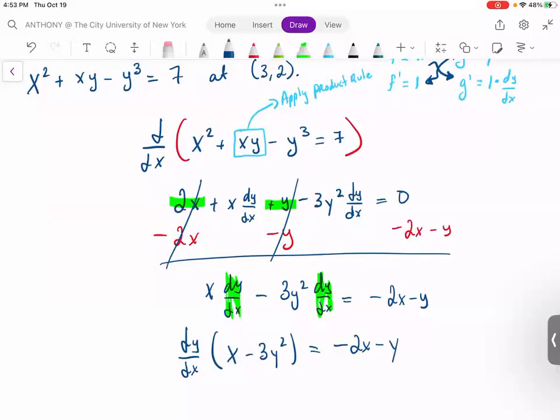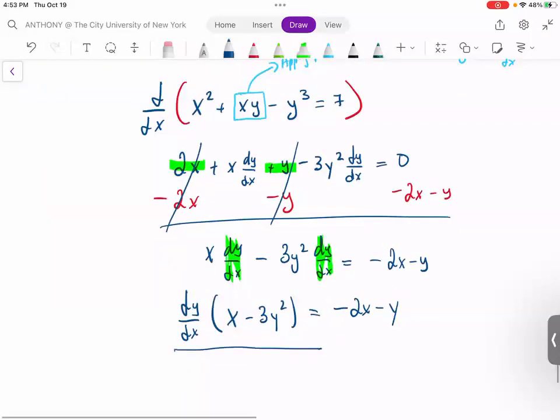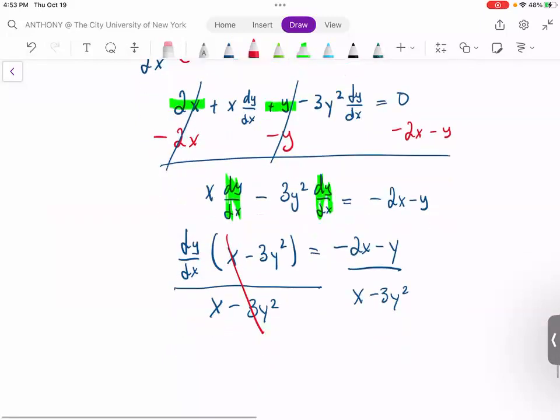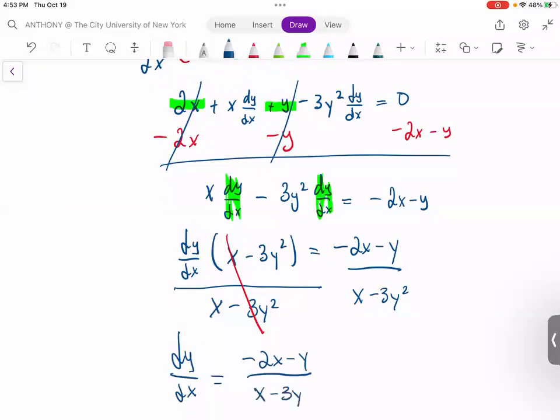To get dy/dx ultimately by itself, because that's what we want, you divide by x minus 3y squared. So the x minus 3y squared terms cancel. This will give us dy/dx is equal to negative 2x minus y over x minus 3y squared.